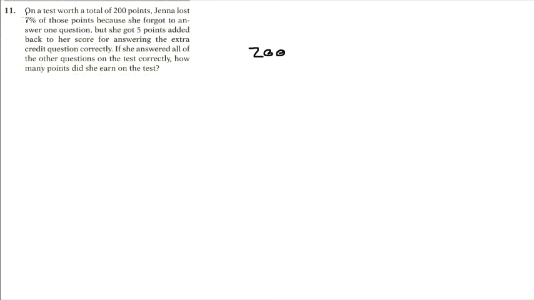She answered correctly 93% of those. Of 200 points, she lost 7/100ths of them, which means, because we can get rid of the 2 zeros here, she lost 14 points. So minus 14 plus 5, 200.